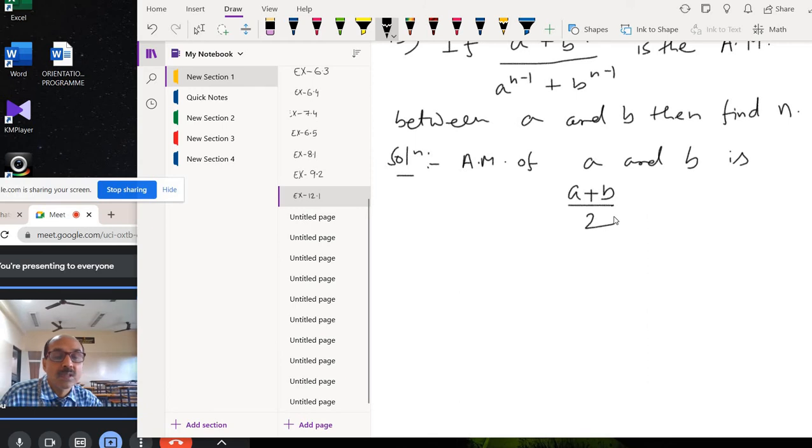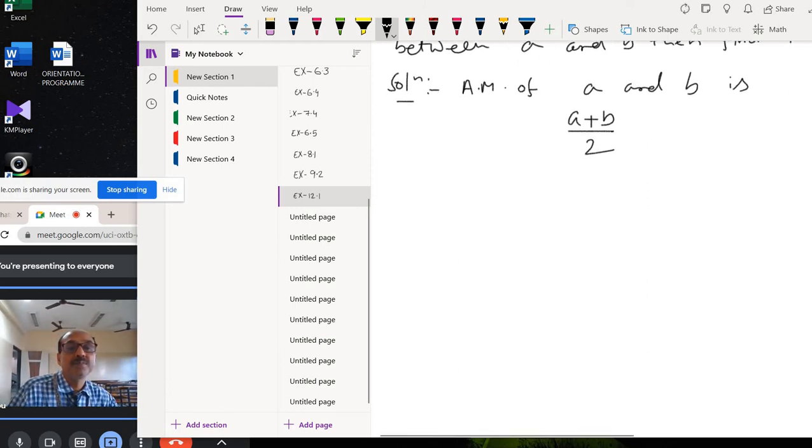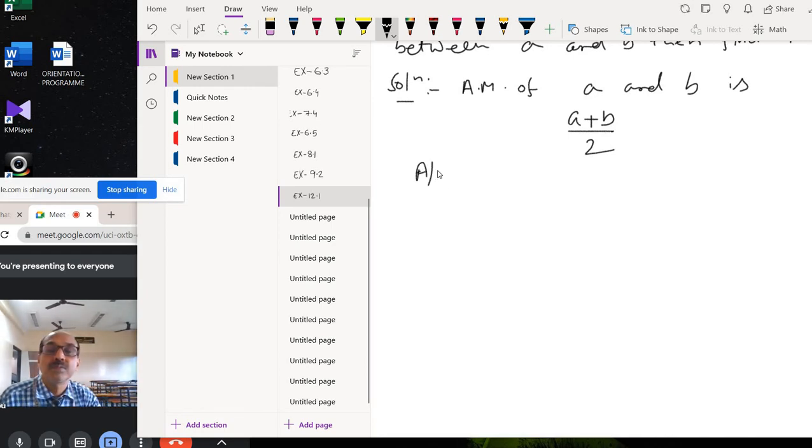So according to the question, (a to the power n plus b to the power n) by (a to the power n minus 1 plus b to the power n minus 1) is equal to (a plus b) by 2.